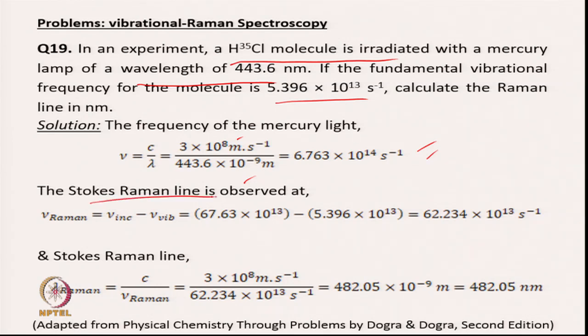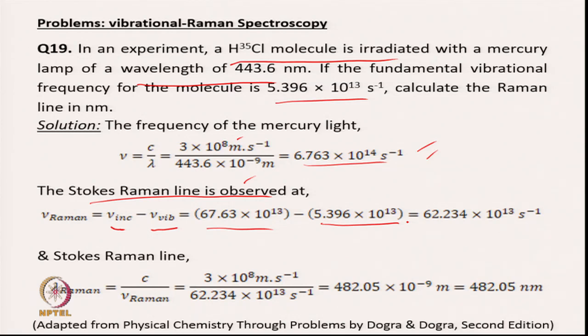And so the Stokes line will be observed at the frequency of incident light minus the frequency of vibration. Here it is a fundamental vibrational frequency. We have just calculated the frequency of incident light, and that is 67.63 × 10^13 second inverse, and then the fundamental frequency is given.